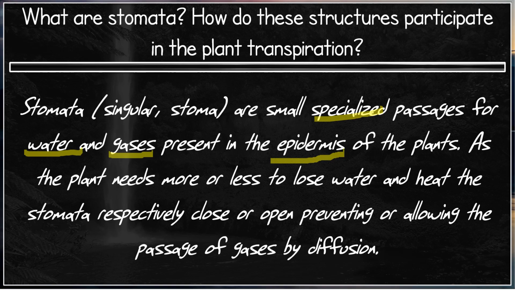As the plant needs to lose more or less water and heat, the stomata respectively open or close, allowing or preventing the passage of gases by diffusion.